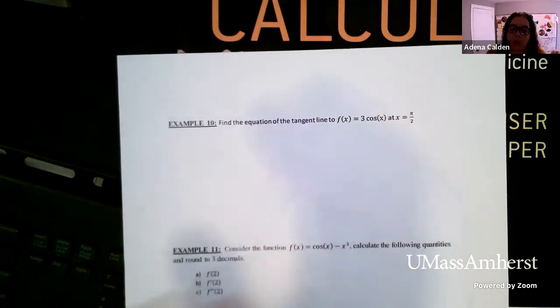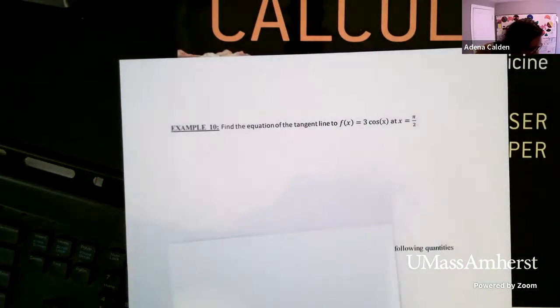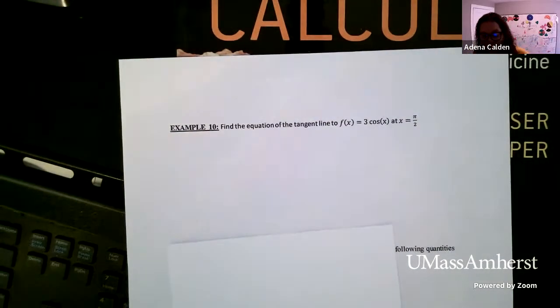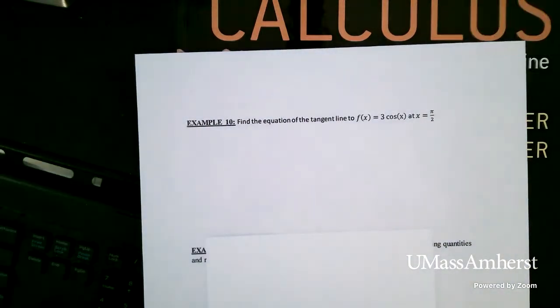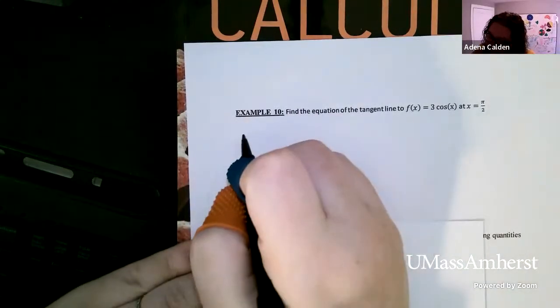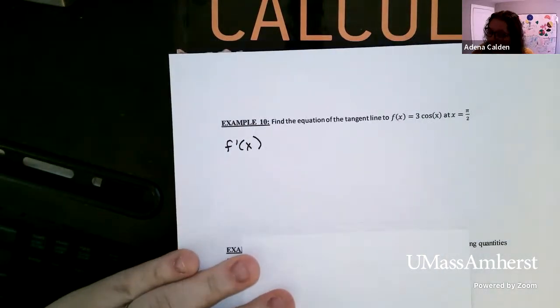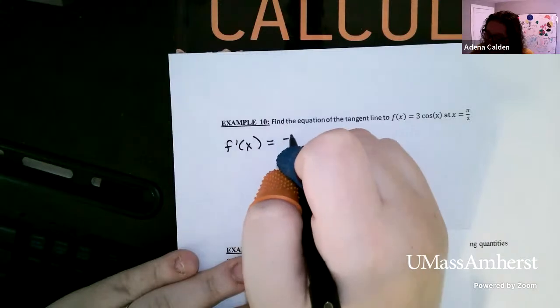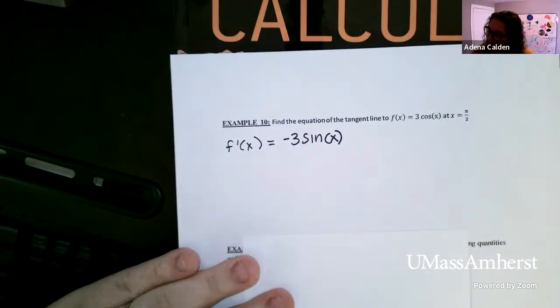So here, again, equation of the tangent line. This is what I was saying, it's going to come up quite a bit. If we want to find the equation of a tangent line, we now have a cosine function. So how does that impact the process? Again, we would need the derivative to get the slope. The derivative of 3 cosine x is negative 3 sine x.